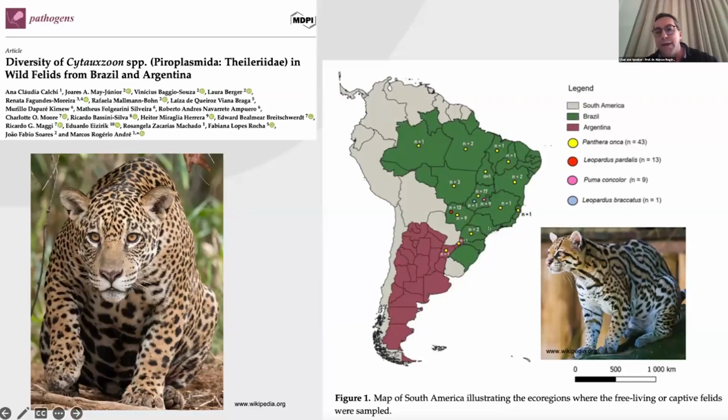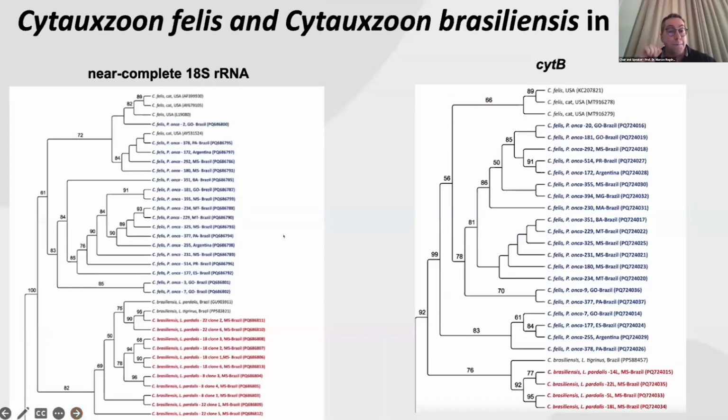We got several collaborations and got blood samples from jaguars from several Brazilian regions, and from Leopardus pardalis from Mato Grosso do Sul, Puma concolor, and Leopardus braccatus. What did we discover? We detected Cytauxzoon brasiliensis in Leopardus pardalis, but not in jaguars, okay? And the jaguars were indeed parasitized by several genovariants of Cytauxzoon felis.